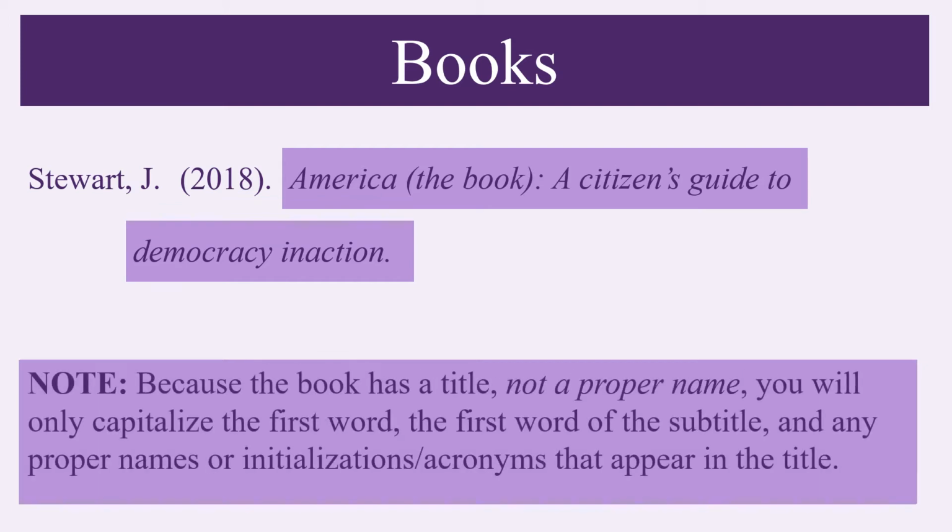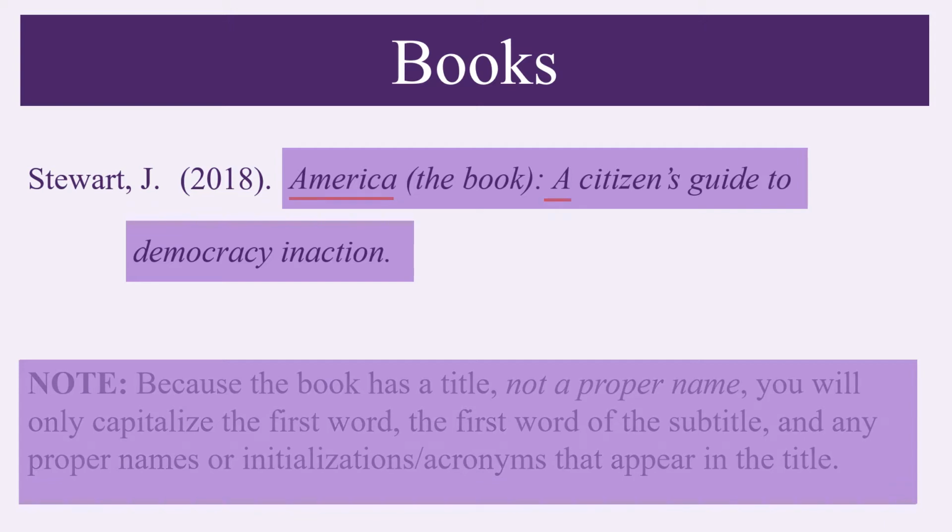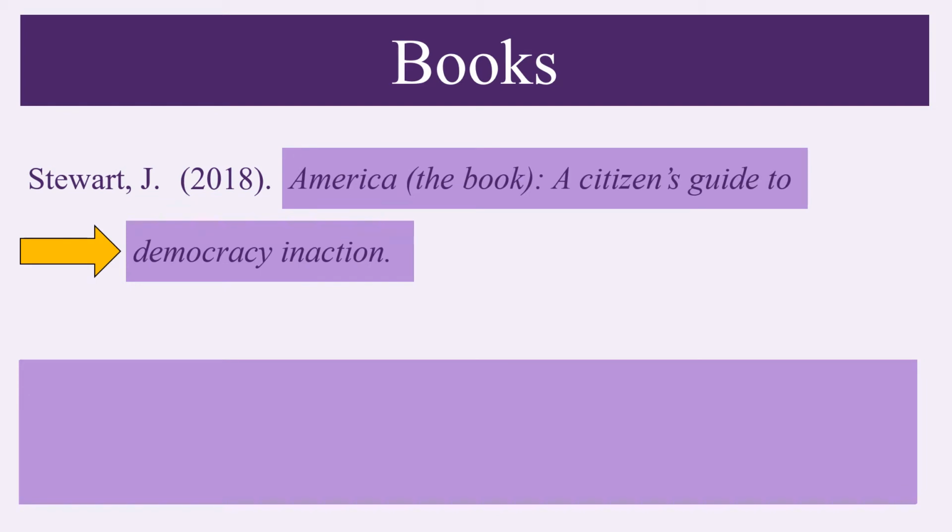In addition, because the book has a title, not a proper name, you will not use proper name capitalization. Instead, you only capitalize the first word of the subtitle, and any proper names, initializations, or acronyms that appear in the title. You'll notice that this title is long enough to warrant a second line in the reference.